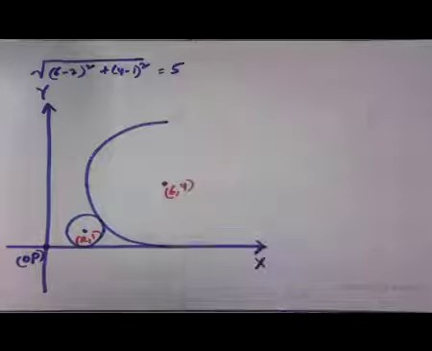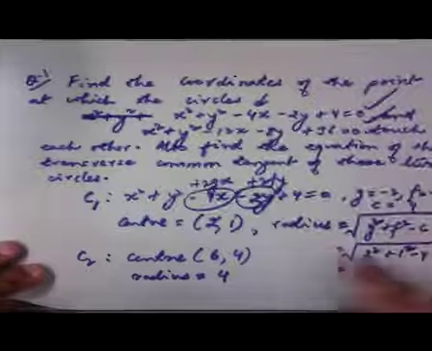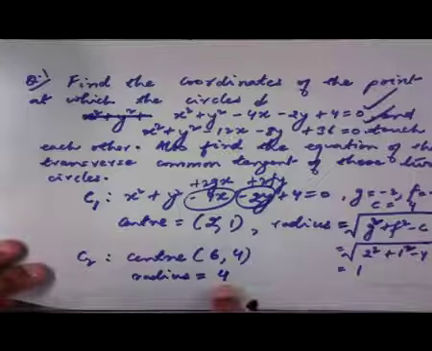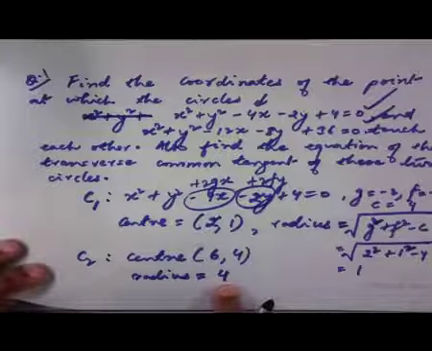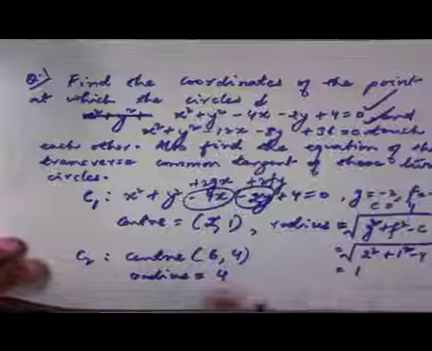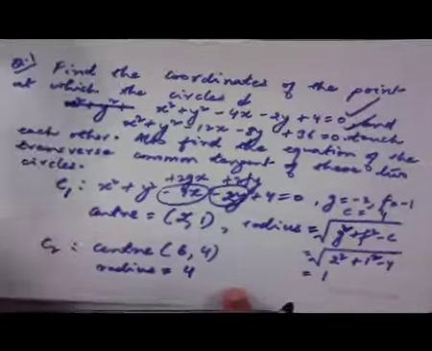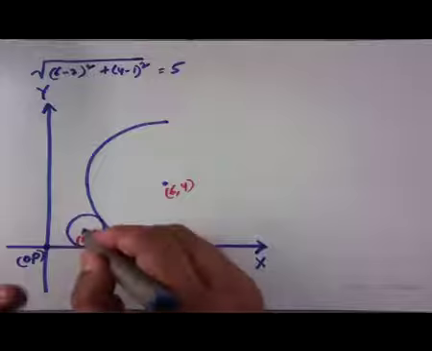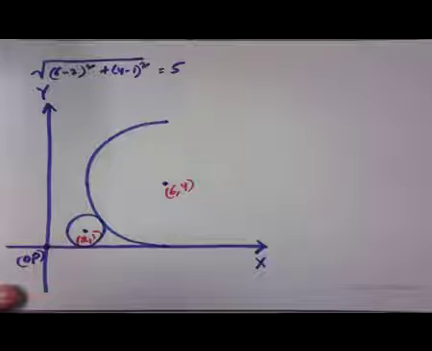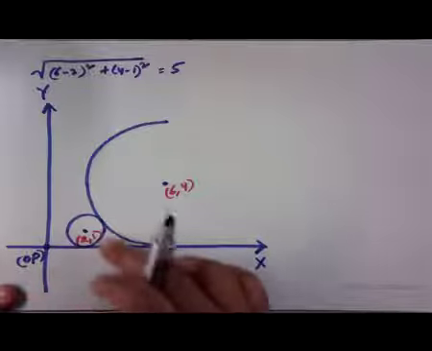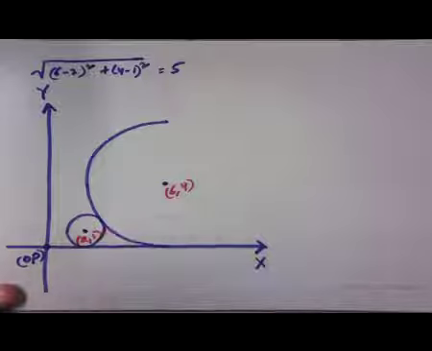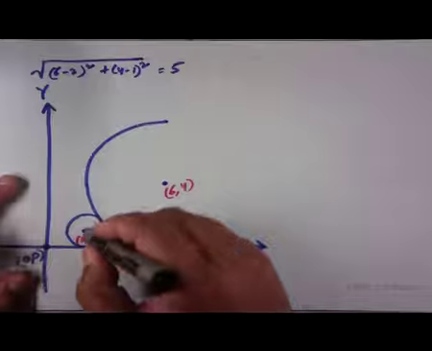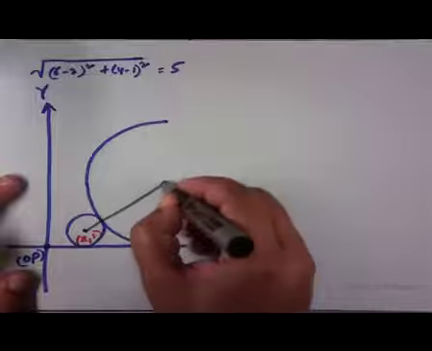The radius of the first circle was 1 and for the second circle was 4. When we add them up, the sum of the radii is 5, which is exactly equal to the distance between the two centers, which means that these two circles are touching at exactly one point. This is the line joining the two centers.